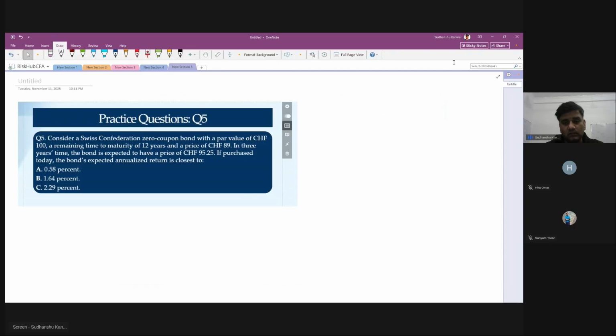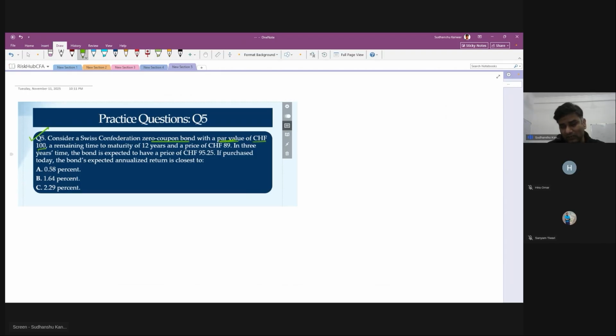You can see the question. In this question, what are we doing? We are saying, consider a Swiss Confederation zero coupon bond. So it's a bond question. In this particular question, this is a ZCB with a par value of CHF 100.